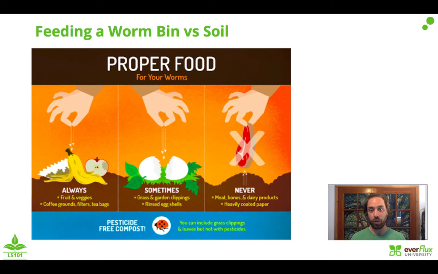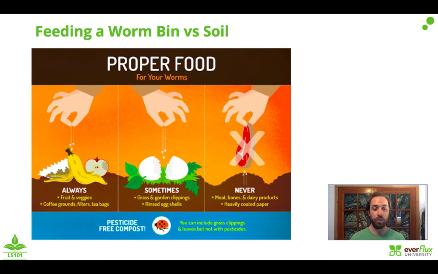Paper is really good for worms, but you don't want paper that is heavily coated in wax or ink. Ink can be okay, but something that has a lot of ink on it, probably not as great. You just don't want any kind of chemicals that are going to contaminate and potentially kill off the worms. Also, you want to stay away from citrus. Worms don't like citrus. So those are the things to avoid.